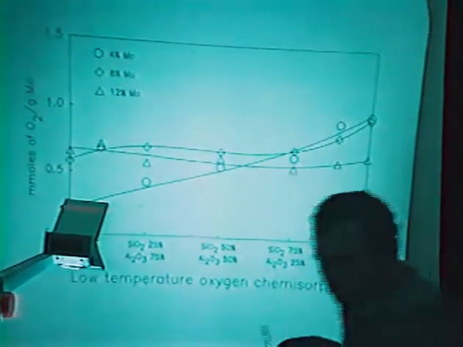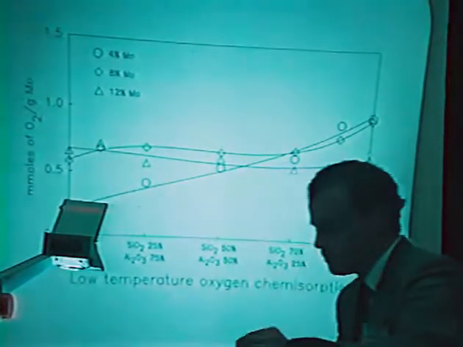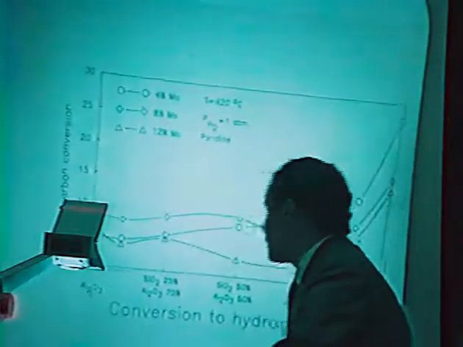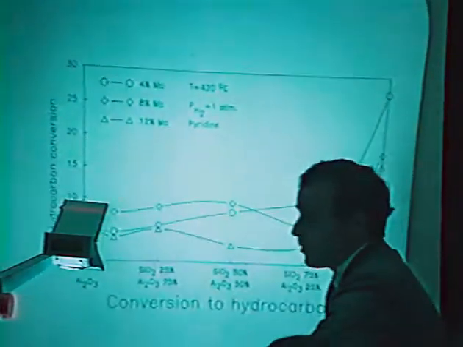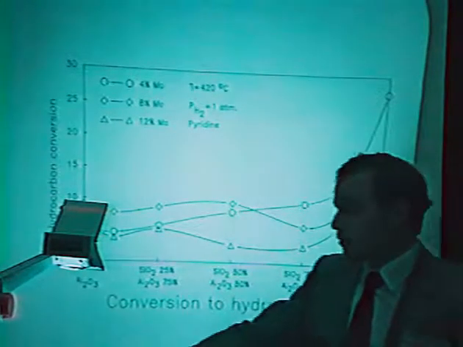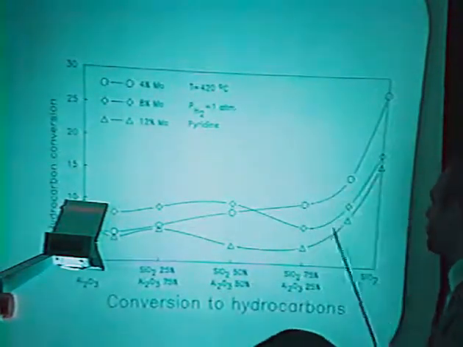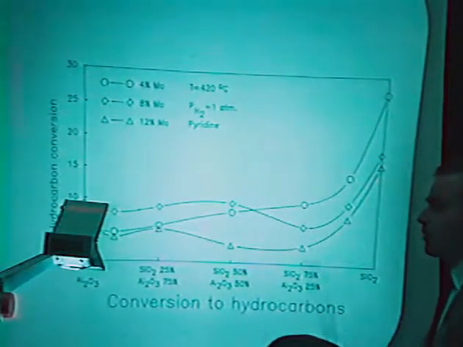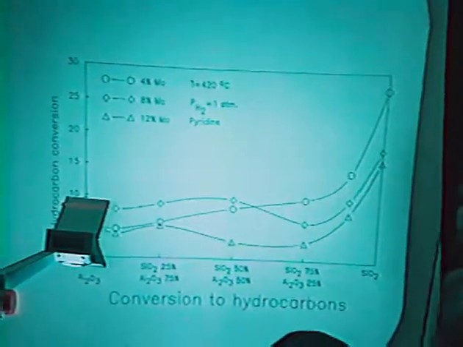I forgot to show before that the largest conversion was achieved when the loading of molybdenum on the catalyst was 4%. Also, I want to point out that during these reactions, the amount of molybdenum in the reactor was kept constant.